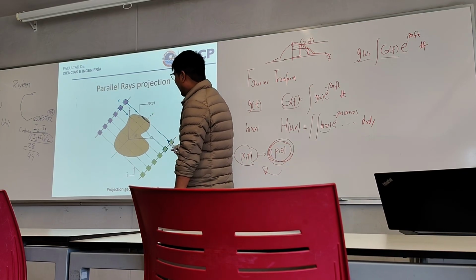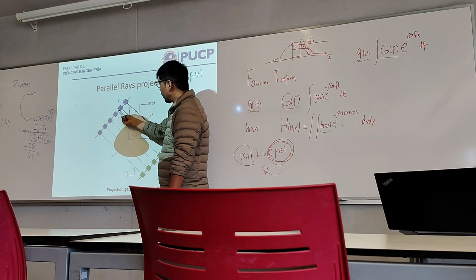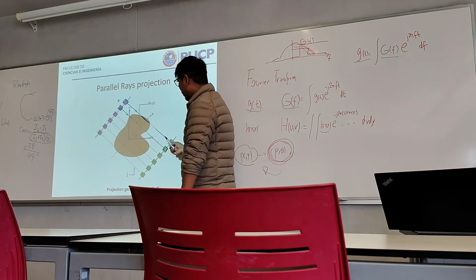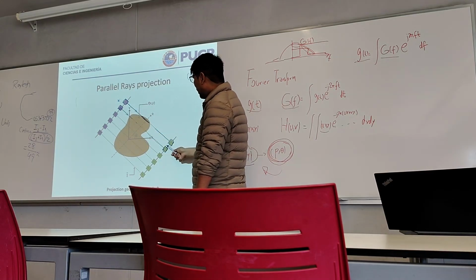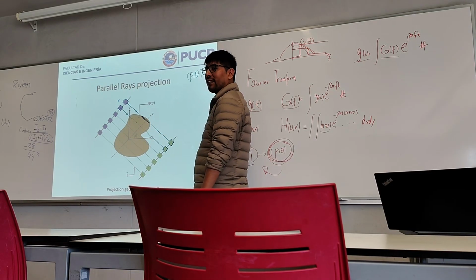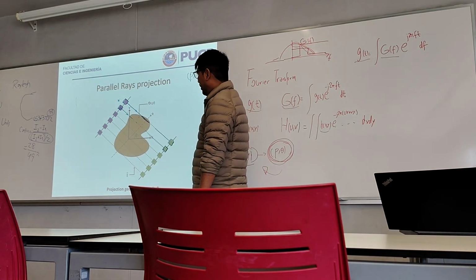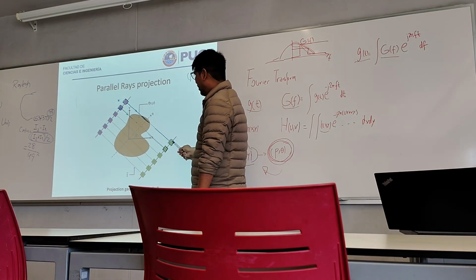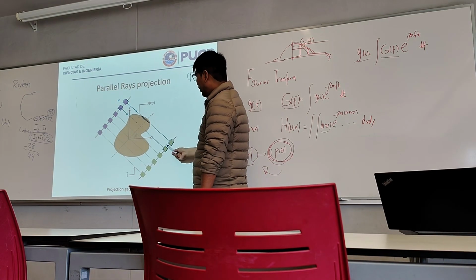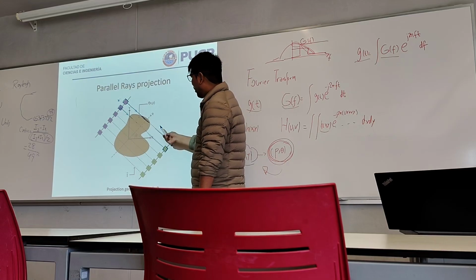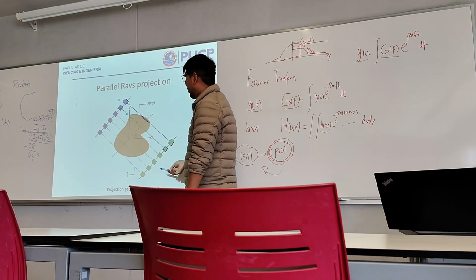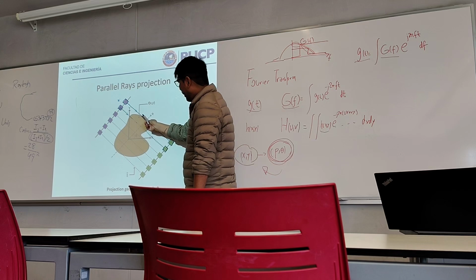And if you compare the intensity, assuming that the intensity at the source was always the same, which detector will have more intensity? Of course, these two intensities detected here will be less than here, because the medium attenuates.